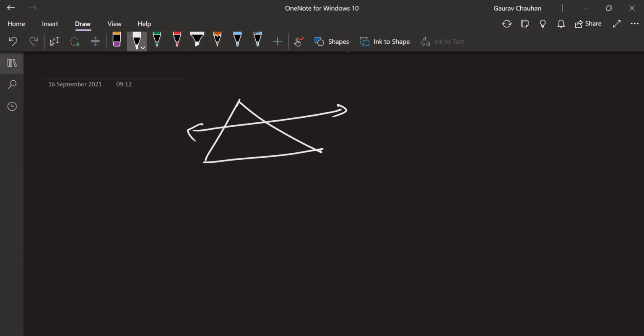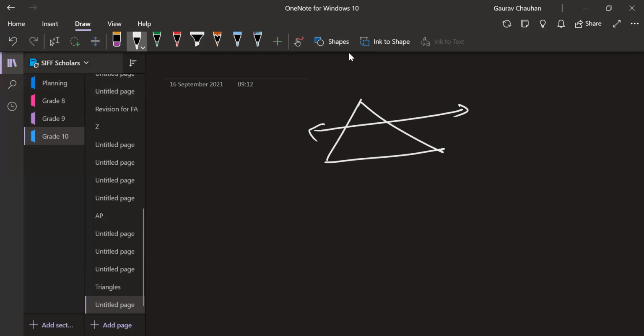We saw that that was not that important. You just have to make sure it's not outside the triangle, so it intersects the other two sides at distinct points, which means not here. If it's here, it's a common point, right?